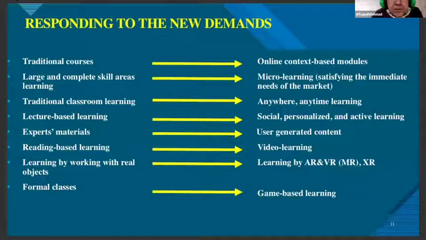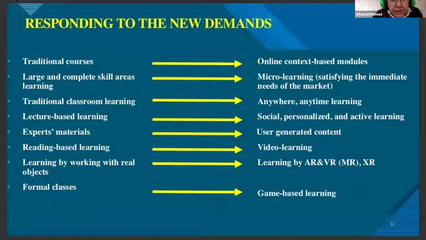We also see that large and complete skill areas of learning are replaced by macro learning to satisfy the immediate needs of the market. We have traditional classroom learning replaced by anywhere, anytime learning, which is flexible, or we could say mobile learning. In addition, lecture-based learning is replaced by social, personalized, active learning. And we see network learning also.